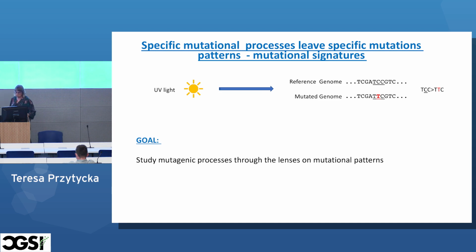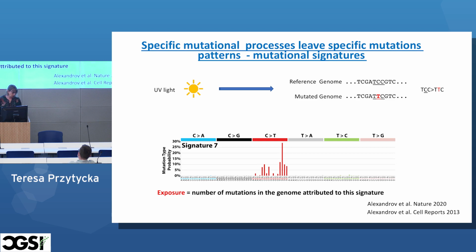So to do that, the first thing that we need to do is define what it means to be a pattern. There may be many ways to define such patterns, but much of the recent research in the area utilizes the definition of a pattern, the so-called mutational signature, that was introduced by Alexandrov et al. in 2013.